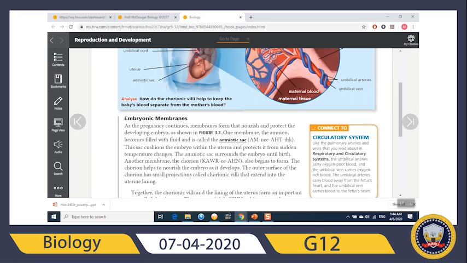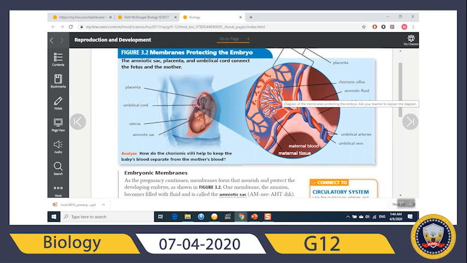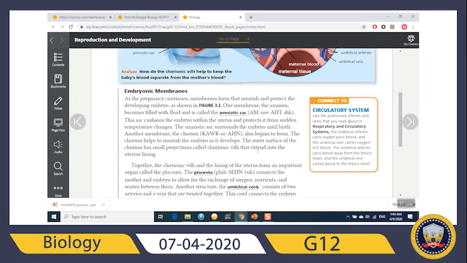Well, another membrane will form, the chorion. The chorion helps in nourishment and development. The outer surface of the chorion has small projections called the chorionic villi. The chorionic villi extend into the uterine lining.